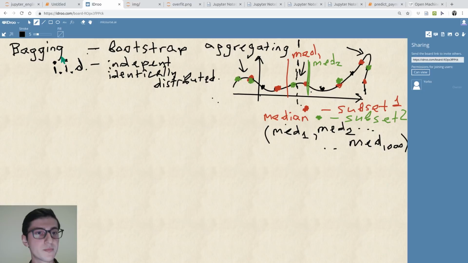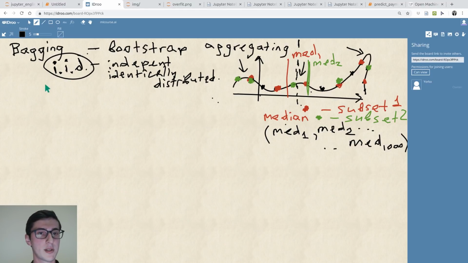But actually this requirement, this IID, is very important, and it lies behind many algorithms, and it's actually not really very trivial how you take a subsample and also retain this requirement for your observations to be independent and identically distributed.